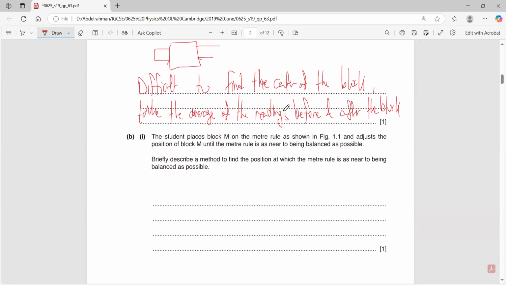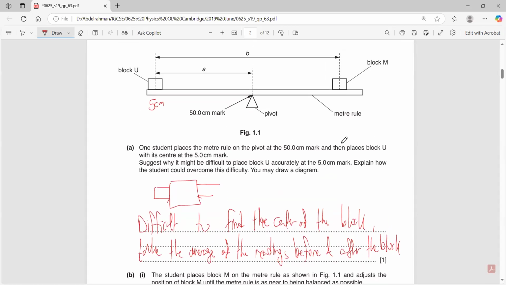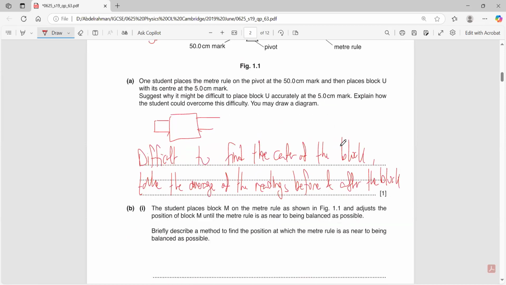Soon places block M on the meter ruler as shown in figure 1.1 and adjusts the position of block M until the meter ruler is as nearly balanced as possible. Briefly describe a method to find the position at which the meter ruler is as near to being balanced as possible. One very common method of finding whether the ruler is balanced or not is moving it slowly until it balances.